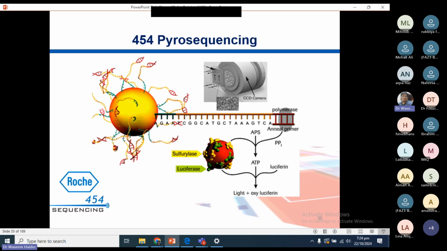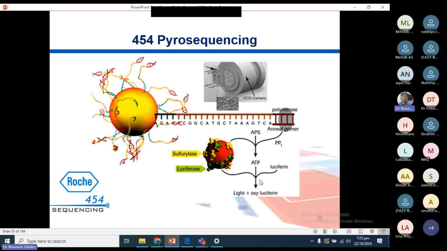So when that T is added, whenever a nucleotide is added, a pyrophosphate comes out. That pyrophosphate is then allowed to react with another molecule, APS. With this pyrophosphate, it becomes ATP, and then there is a luciferin that also takes part in this, right? Sulfurylase and luciferase, some chemicals, are added here.